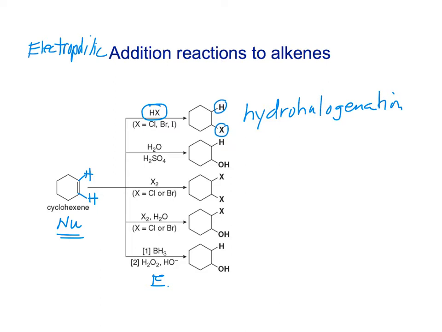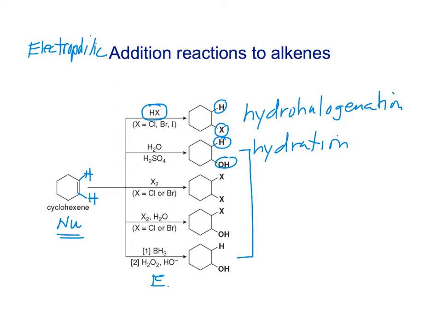So we have an H attached to one side and an OH to the other side. This reaction is called a hydration because we're hydrating, we're adding water. We're going to look at two types of hydration reactions. One shown here. The other is shown down here. So don't get hung up on the different conditions yet. We'll go through those in detail.